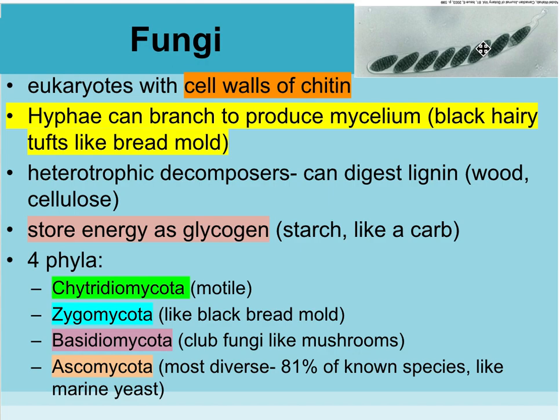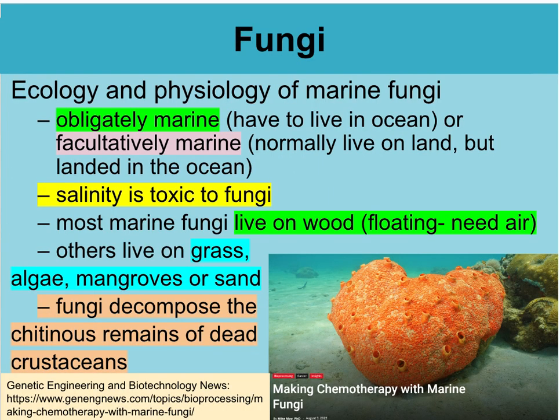Fungi will store their energy like a starch or a carb called glycogen. There are a couple different types listed here, and I put examples here. The Ascomycota is the most diverse, at about 81%. This is sort of like a yeast, but out in the ocean.